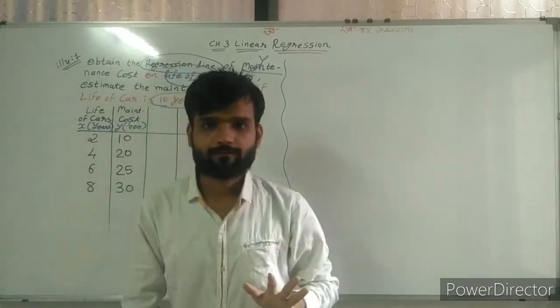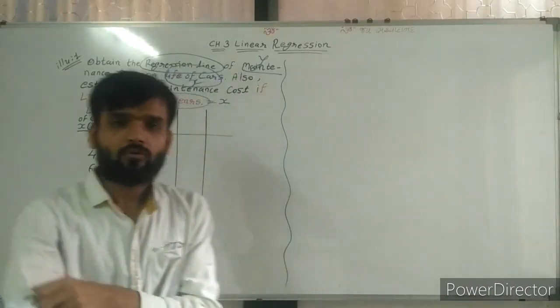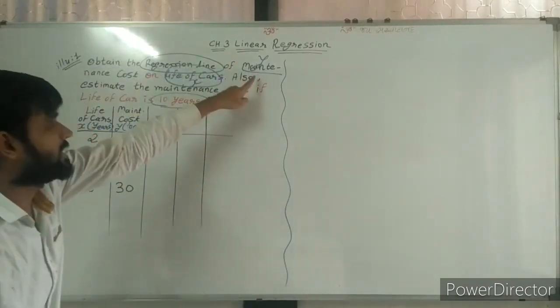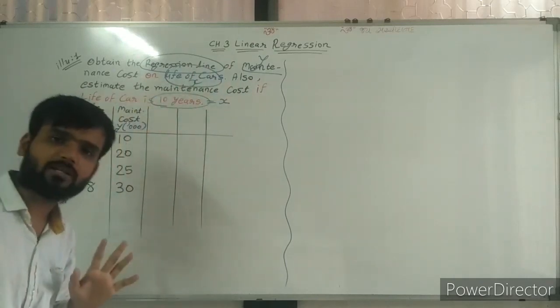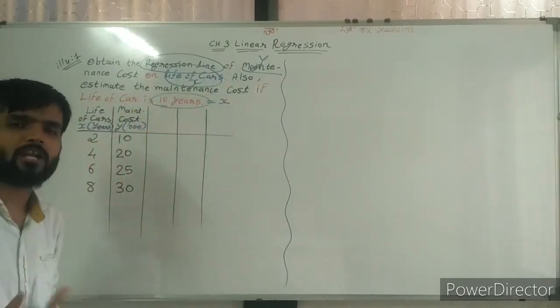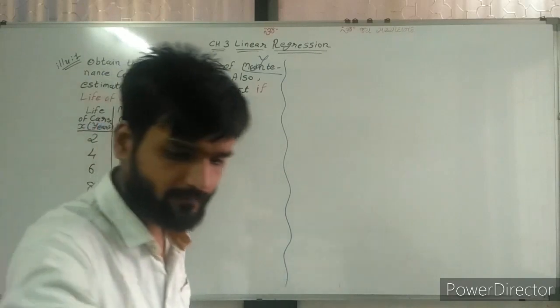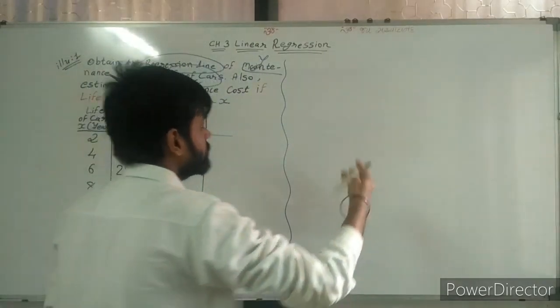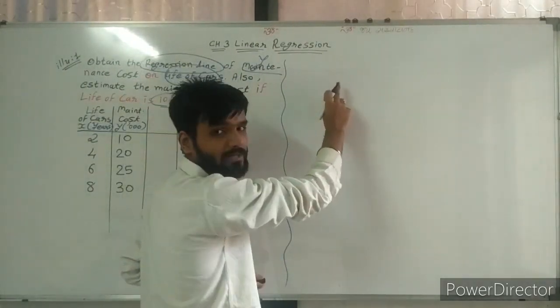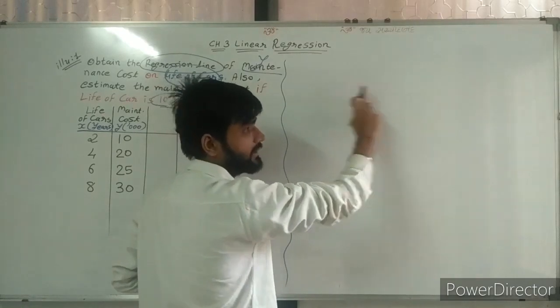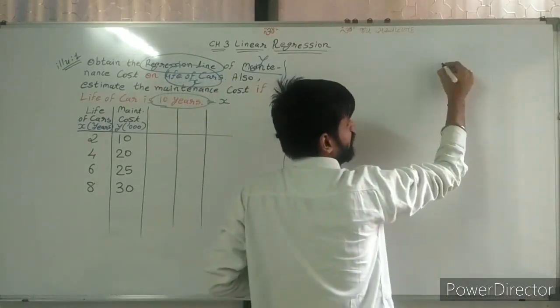This is the question. Now we know we need the Y on X regression line. So how can we find the Y on X regression line? See here. First of all, I am writing here the Y on X regression line which I need.